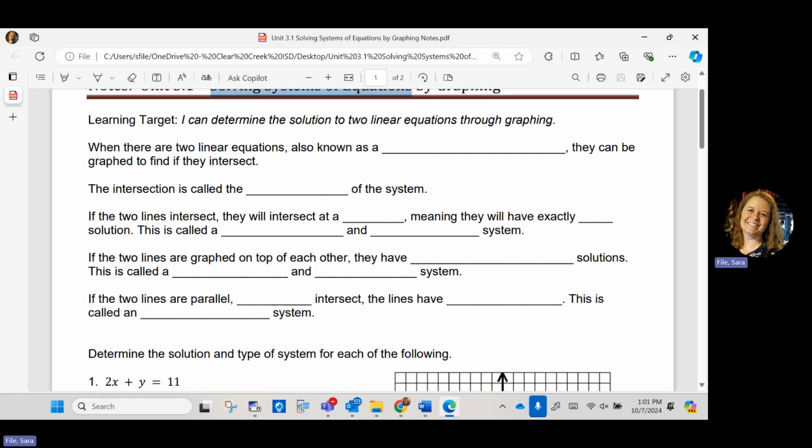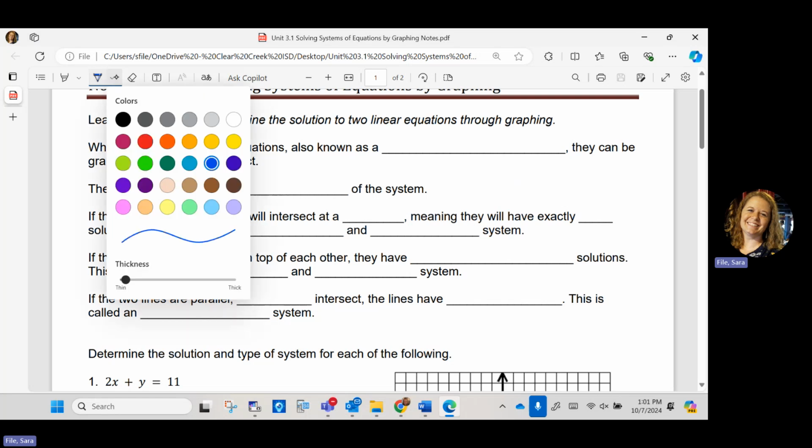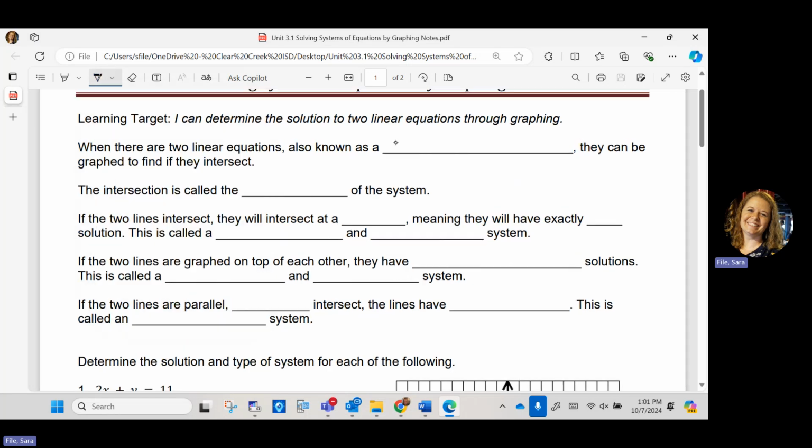A system of equations is just when there's 2 or more of the equations. So a system of linear equations is 2 or more linear equations. I'm just going to put that this is what we call a system of equations.